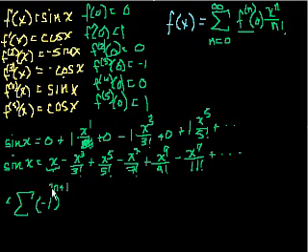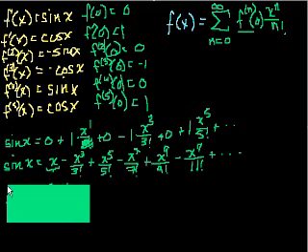It'll be to the 2n plus 1. And actually, I think I should have done that in the previous video too. I think it should have been negative 1 to the 2n, not negative 1 to the n. I'm sorry for that mistake. Right, so it's negative 1 to the 2n plus 1 times x to the 2n. Oh, no, sorry, I was right in the previous video. See, I'm confusing myself because I don't count the 0 terms.